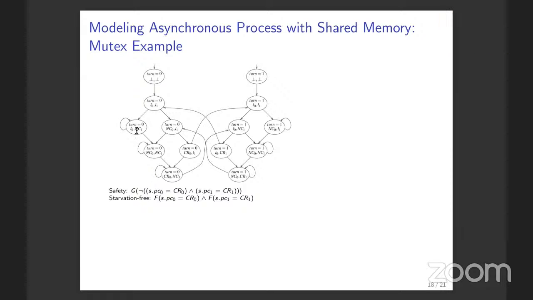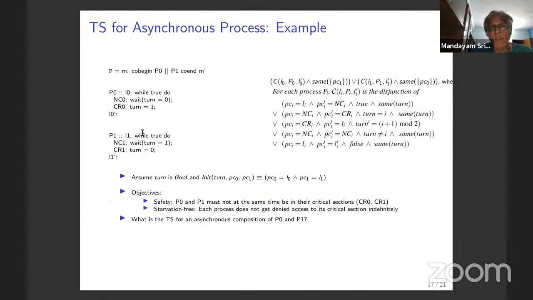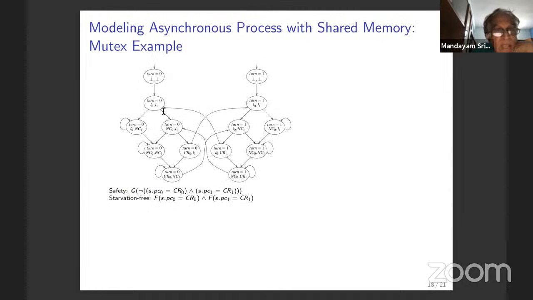So process 0 waits for turn equal to 0. But why exactly is there a self loop here?